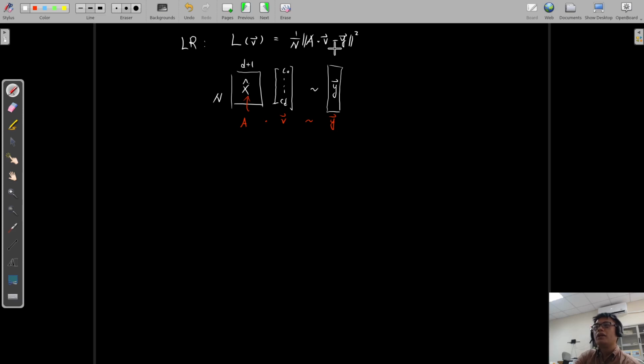So this quantity is the mean square error. Okay, so for linear regression, we want to minimize this function, and we usually call that a loss function or cost function. So linear regression wants to minimize it.